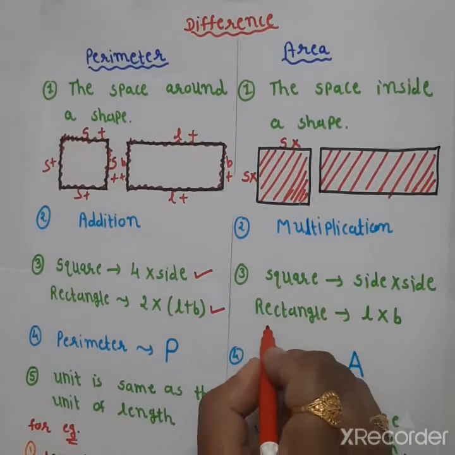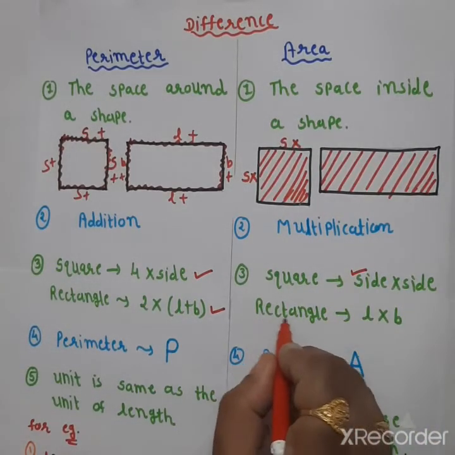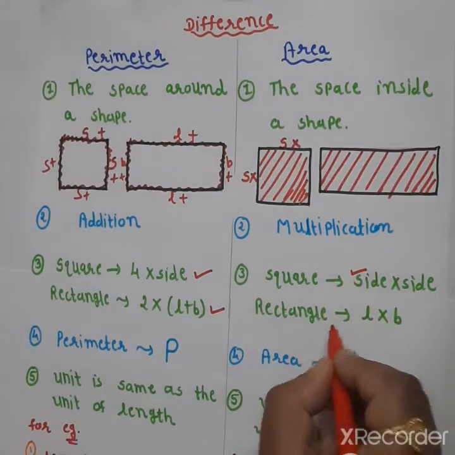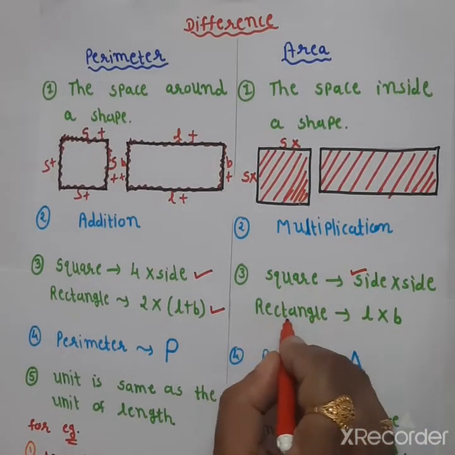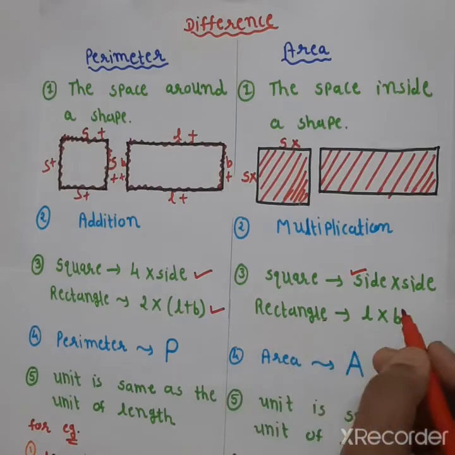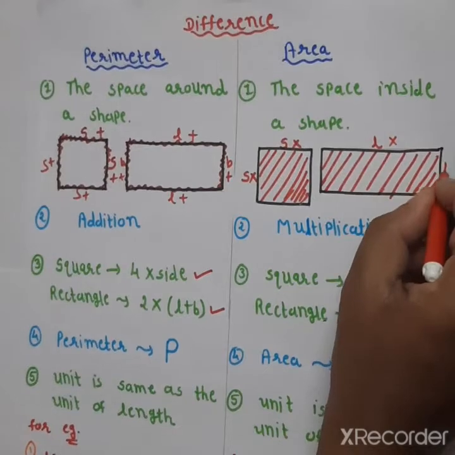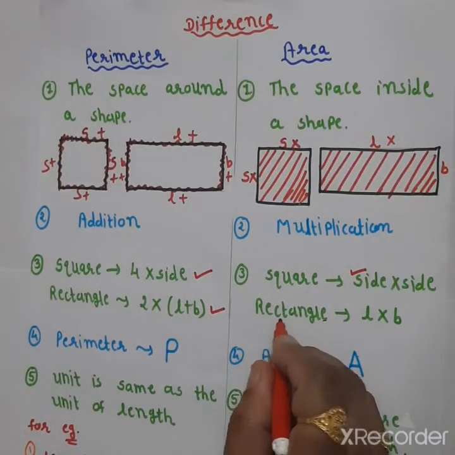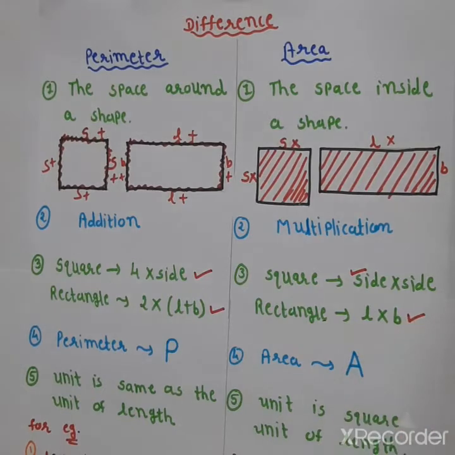Now to find out the area of a rectangle, we are using multiplication. So to find the area of a rectangle, I will take the multiplication of length into breadth. So the formula to find out the area of a rectangle will be length into breadth.